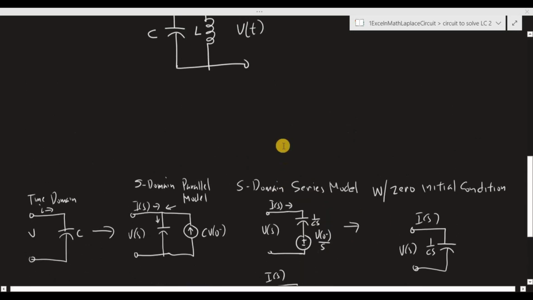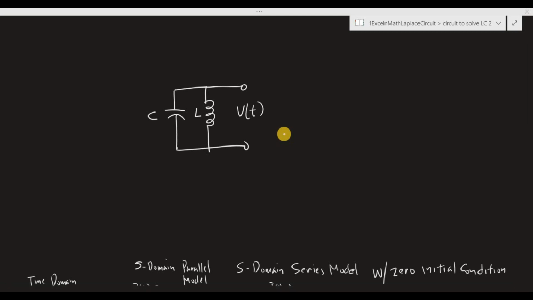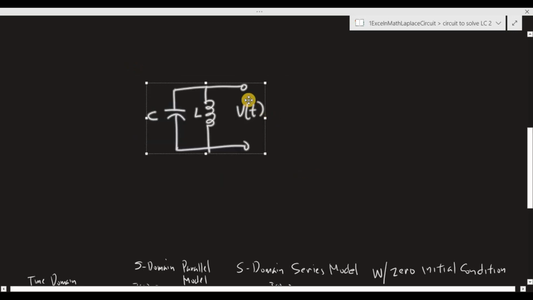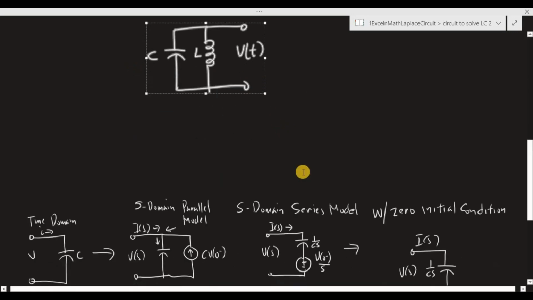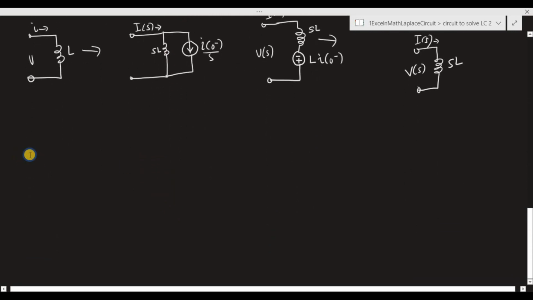Okay, I think we are now in a position to rewrite this circuit into its equivalent form in the S domain. Okay, let's copy this circuit and paste it here.